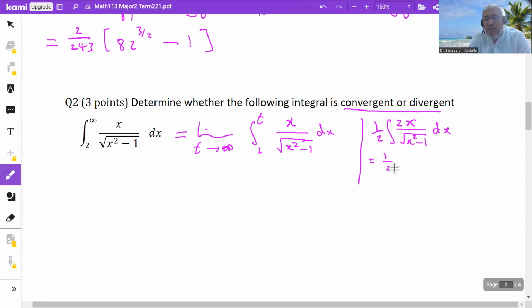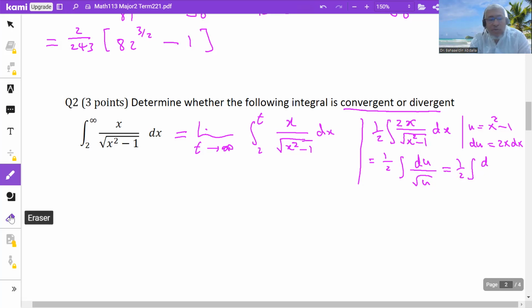So I will have half, and if I take now u equals x squared minus 1, I solve it by substitution. So du would be 2x dx. So 2x dx would be du, and I'll have the square root of x squared minus 1, which is the square root of u. I can write it as u to the power half, but when I take it up, it would be u to the power negative half du.